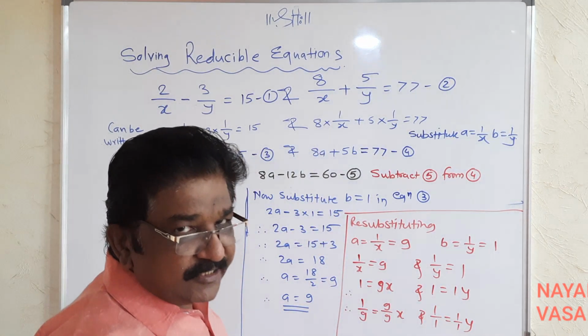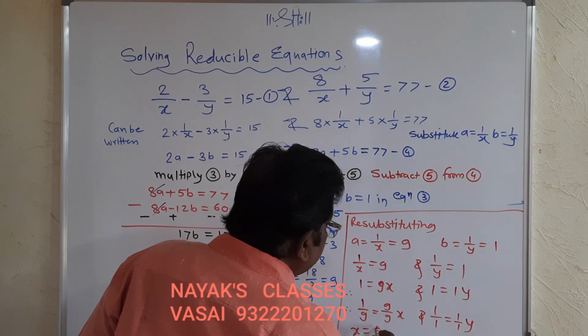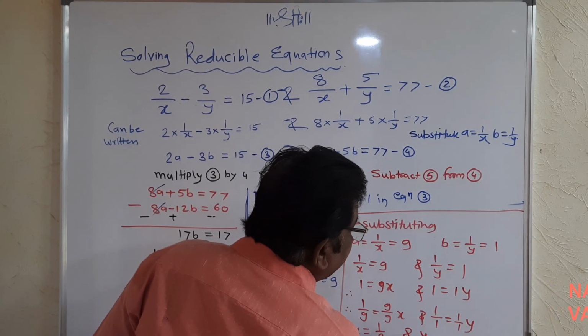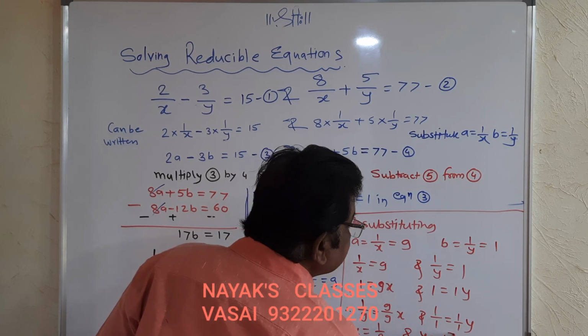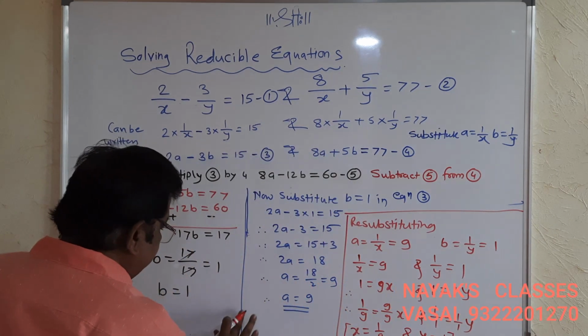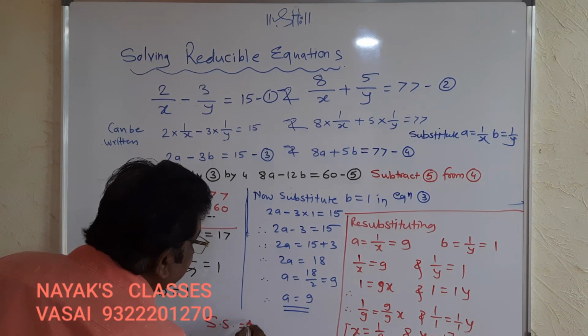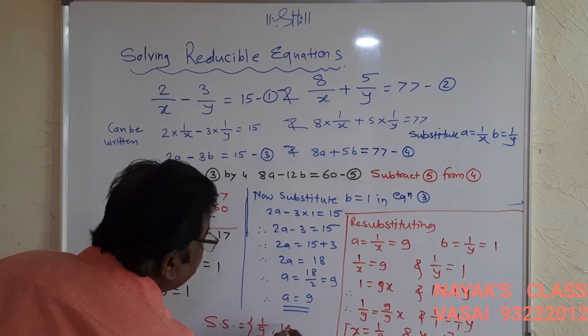So x is equal to 1 upon 9 and y is equal to 1. This is the solution. So the final answer, the solution set, is 1 upon 9 and 1.